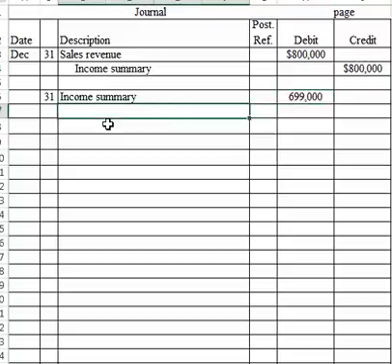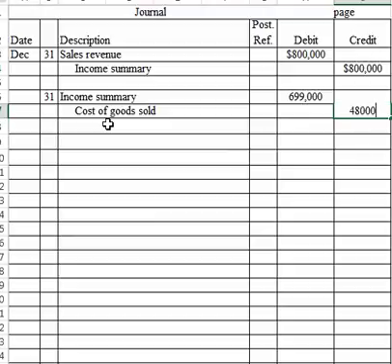All right, now we'll credit each one for the amount of its balance. The order you go in here is not important. I'm just going to start with cost of goods sold. $480,000.